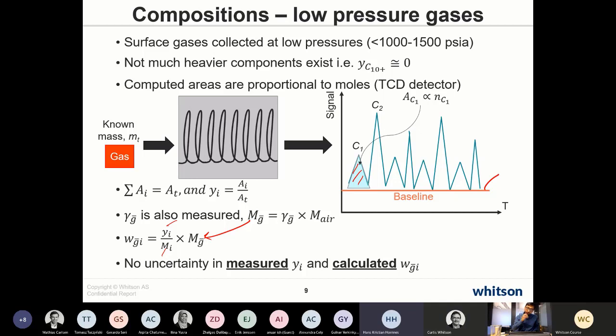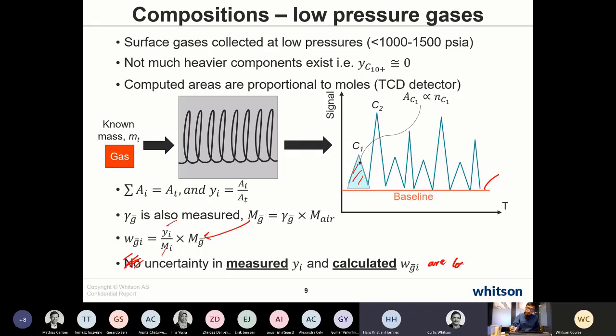So for me, it's not right to say that you have none. You have some uncertainty because you have your instrument and you do the measurement there, but that's explained by standards, and if people want, we can just give them, because this is based on ASTM standards.